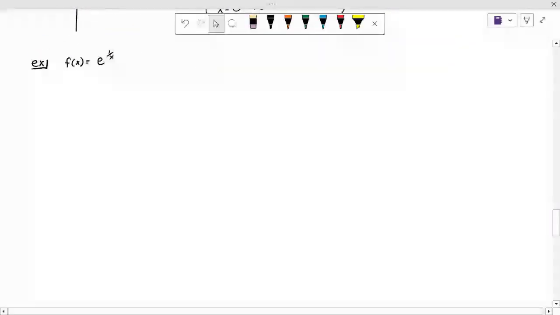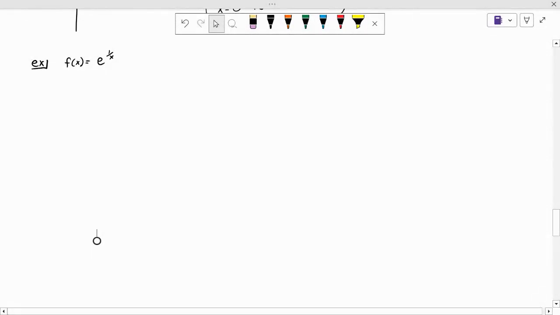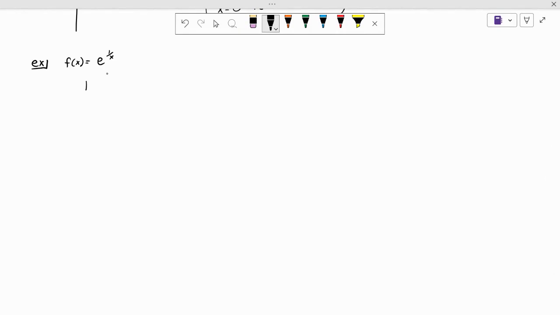So this is a slightly more fun example. Let's see what happens. For this, I guess we would have to coordinate the graph of 1 over x with the graph of the exponential function.